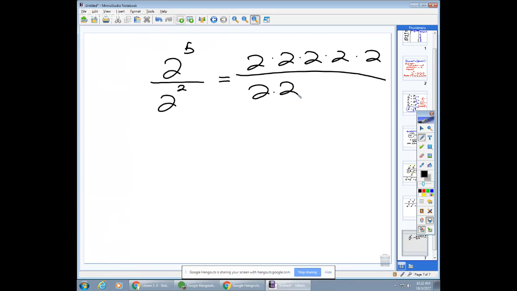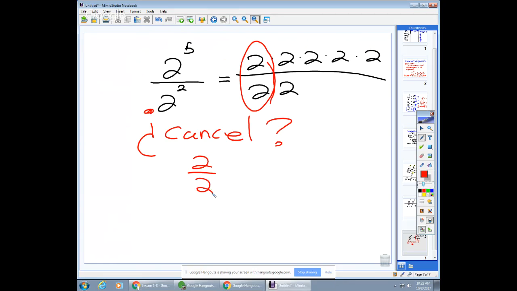Now, I love problems like this. I used to love these when I took algebra, because if I have a number divided by itself, what do I get to do? Cancel. Now, keep in mind, what does cancel mean in a situation like this? What cancel means is that you're actually dividing 2 divided by 2. What's 2 divided by 2? 1.